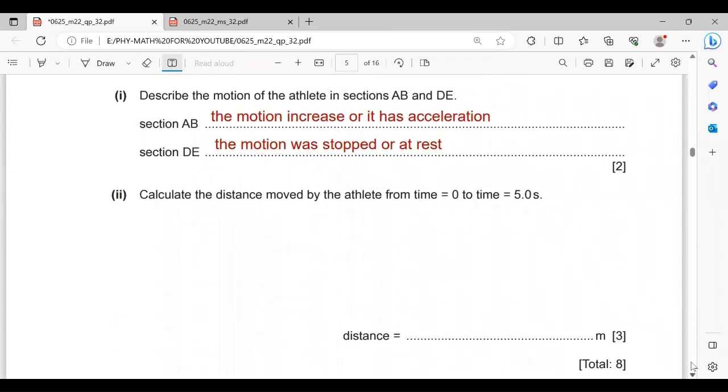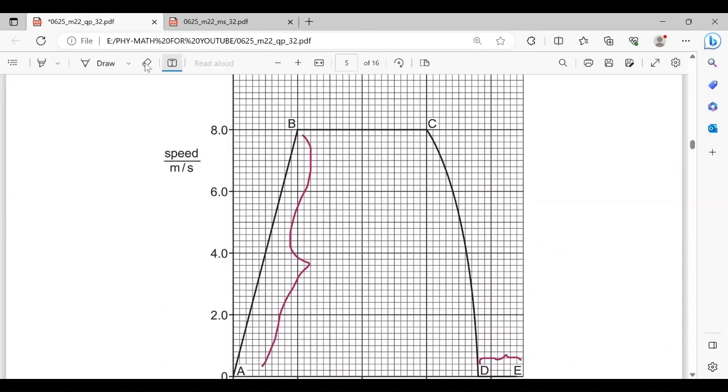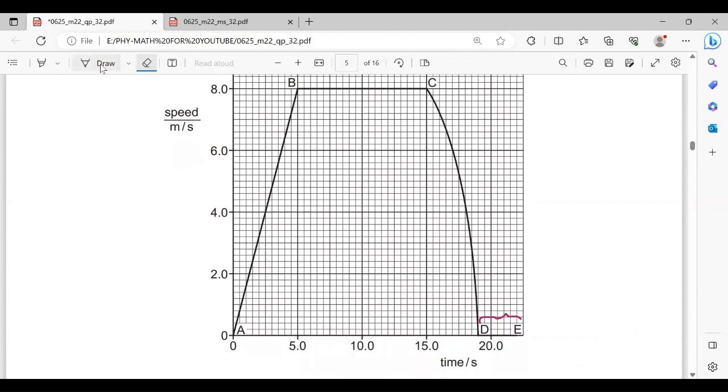Calculate the distance moved by the athlete from time 0 to time 5 seconds. Look at time 0 to 5. This triangle, we need to calculate this triangle area.